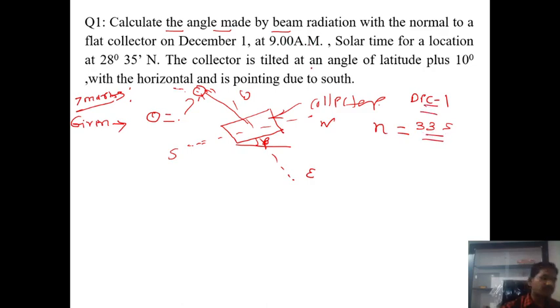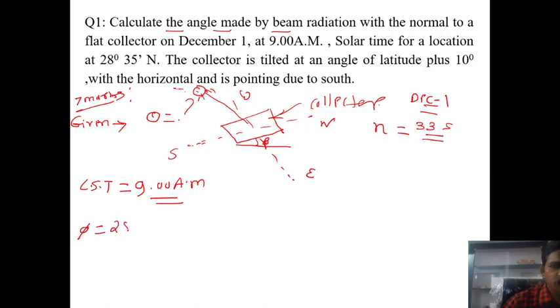At 9 a.m., meaning the time given is our local solar time. What is the local solar time? 9 a.m., early morning, solar time for our location. Okay, so 20 degree 35 minutes north is the given latitude angle.